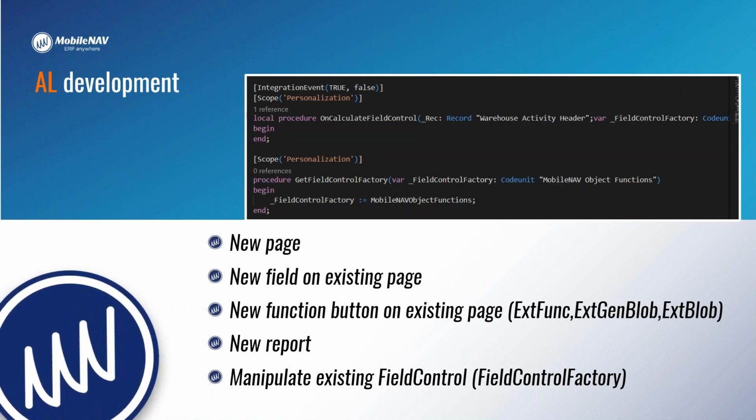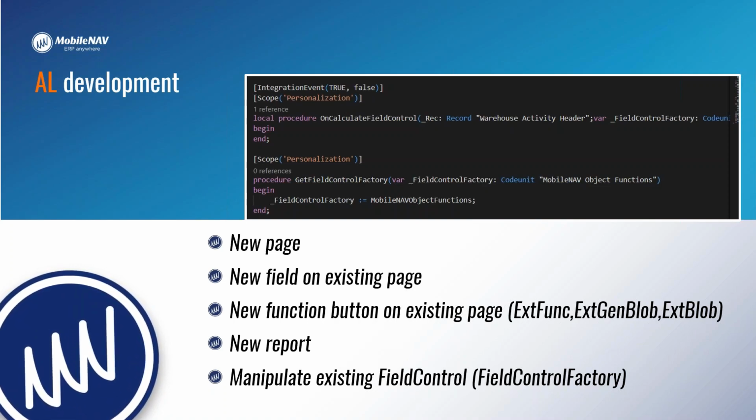And now the more complicated topics are coming. What you need to do if you want to create a function button on an existing page? What do you need to do in that case? For that reason, we introduced a small feature request back in January with MobileNAV, namely that if you have a function in the configuration and the user is pressing that on the MobileNAV client, the MobileNAV client will also upload the page name and the field name where that button has been pressed.